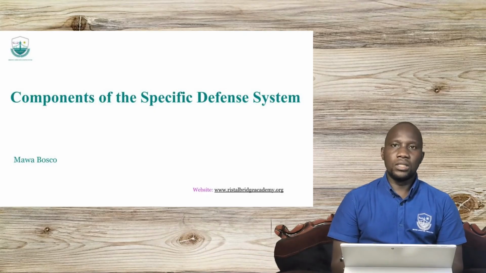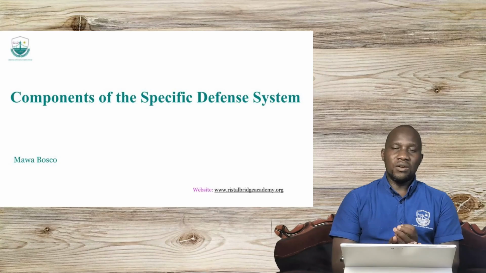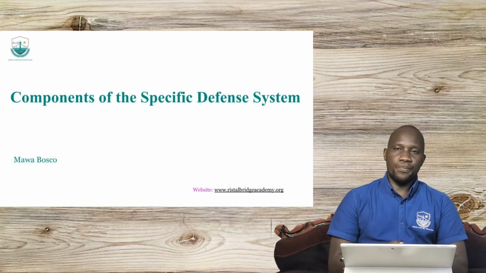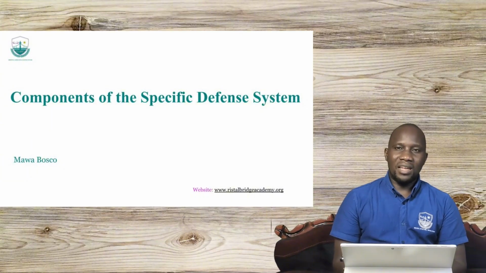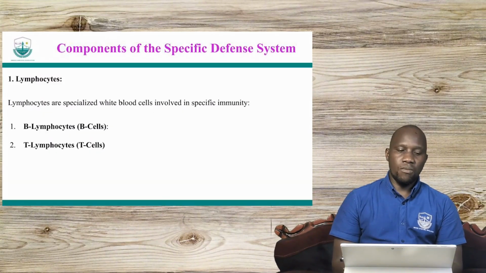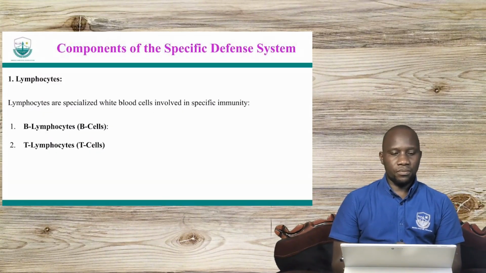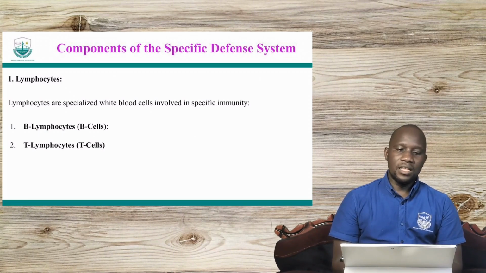When talking about specific defense mechanisms or the adaptive immune system, we mainly talk about the role that lymphocytes play. Lymphocytes fall into the category of blood cells that we call white blood cells. The lymphocytes are of two main types: the B lymphocytes and the T lymphocytes.